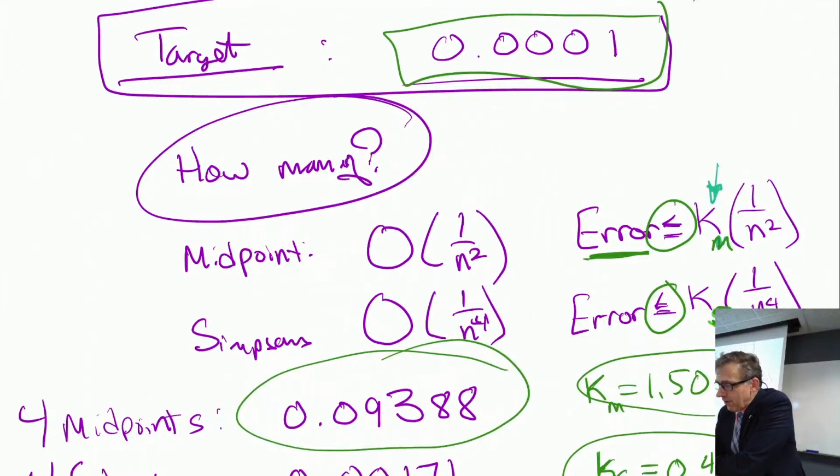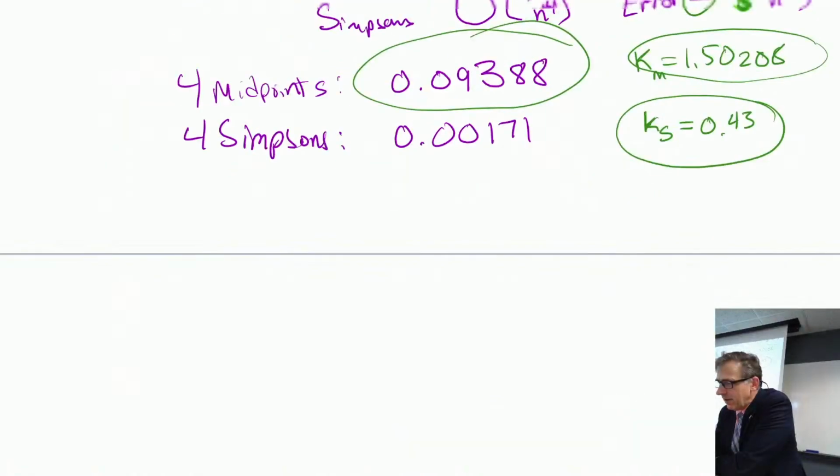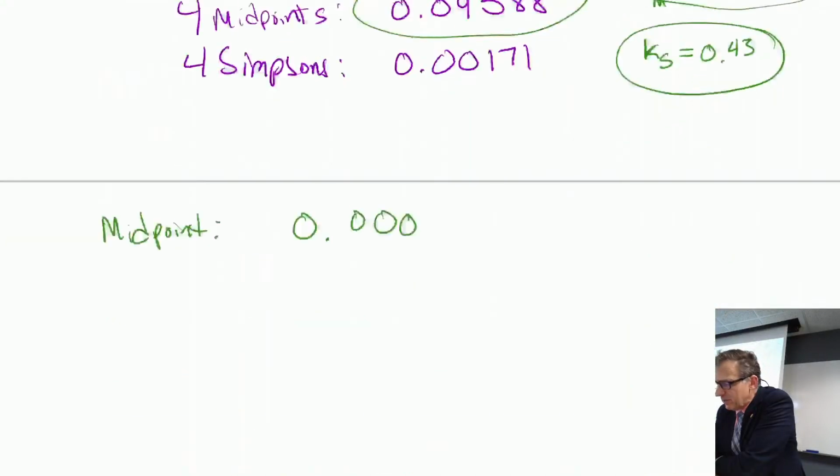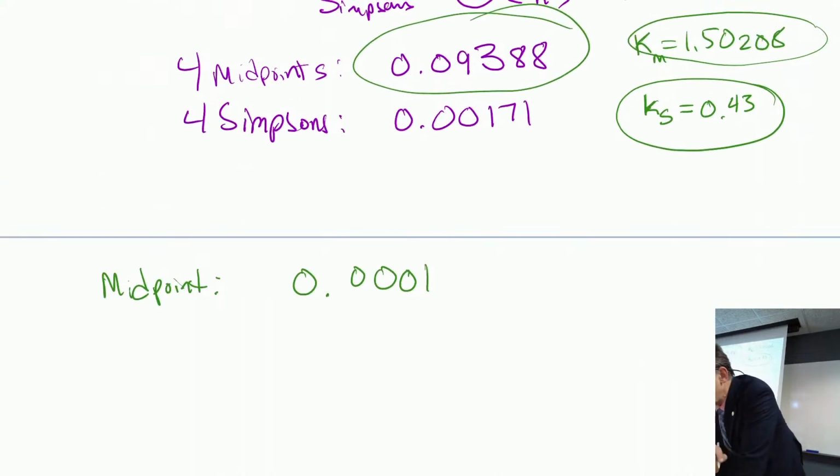So I want my error, so maybe I should just write this down to help you out. You probably already did this. So for midpoint, we would do 0.0001. I should have put another 0 in there. If my Simpson's rule is not as good as I want it to be, I'll just throw another 0 in.